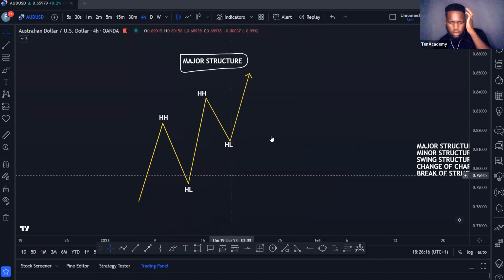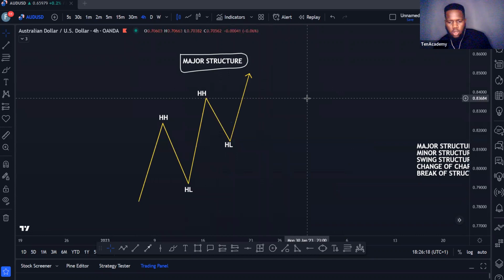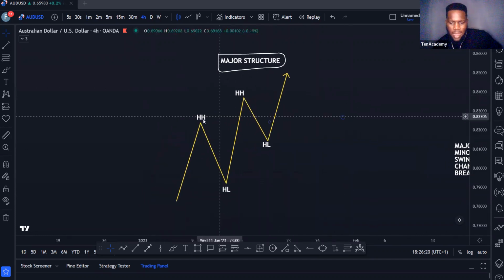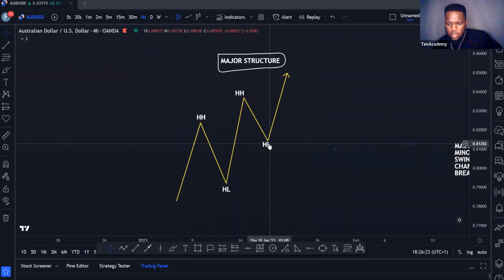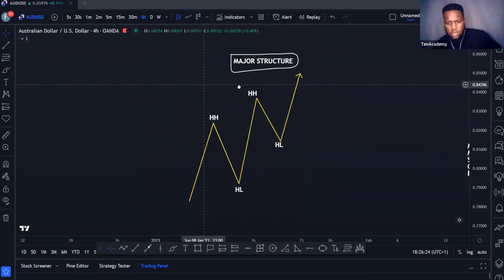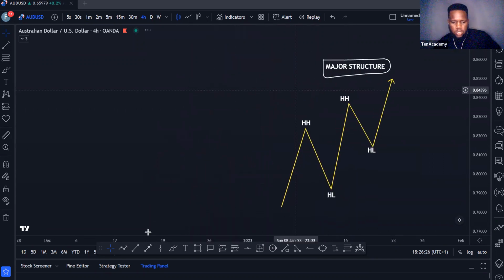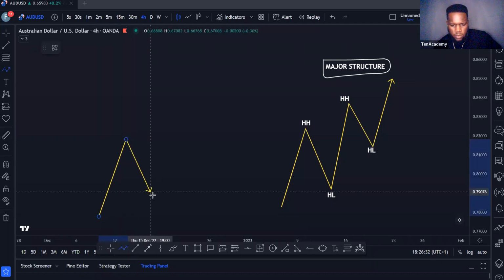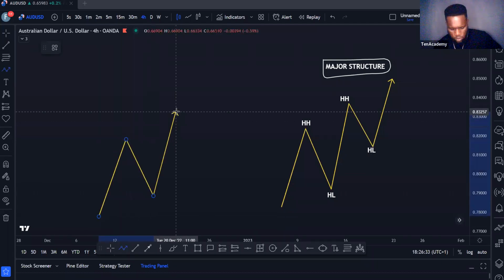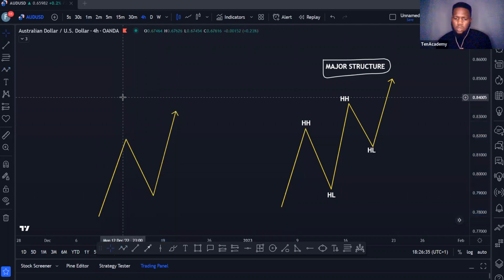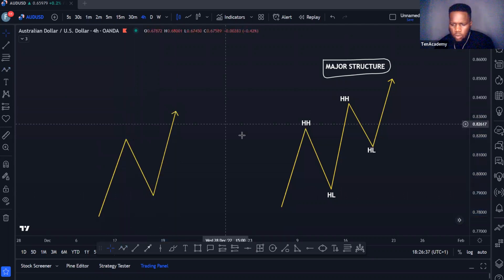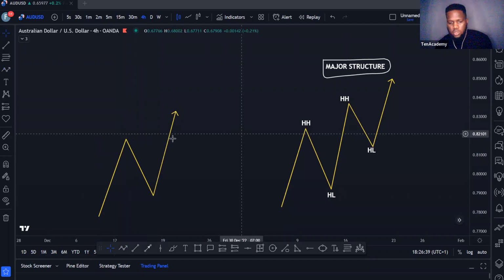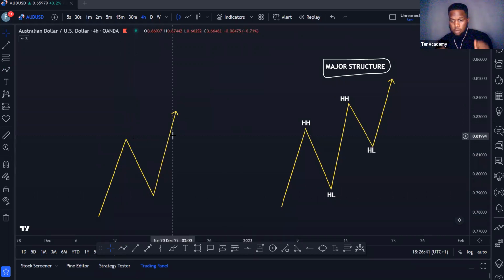Okay, so major structure consists of higher highs and higher lows. Now, talking about major structure, when you have something like this, this is an uptrend.